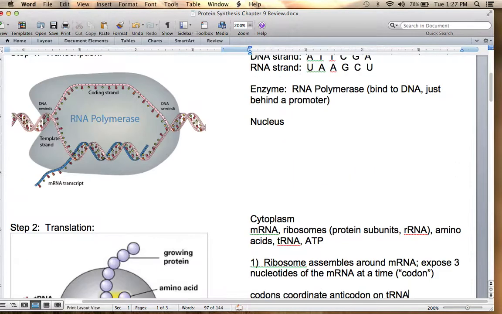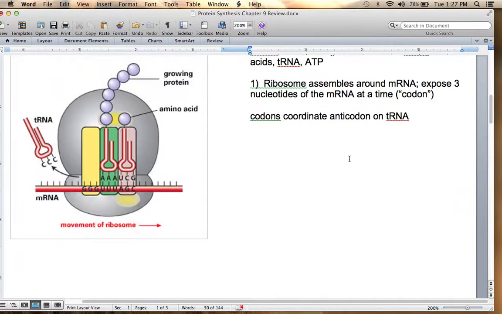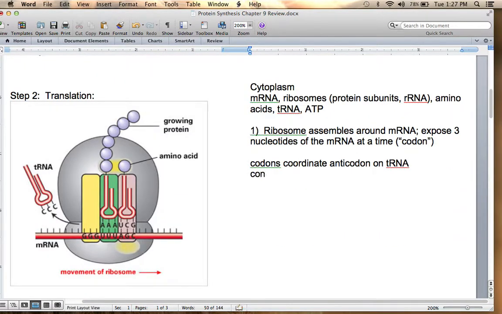When we talked about our DNA strand and then our RNA strand up here, a codon is going to be 3 nucleotides. The first codon of this RNA strand would be UAA. If our messenger RNA codon is UAA, then the anticodon is going to be complementary to that according to base pairing rules.